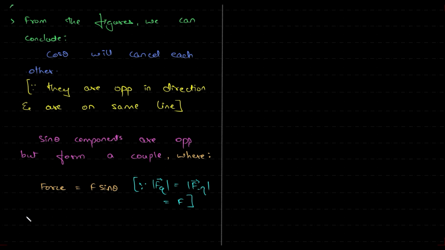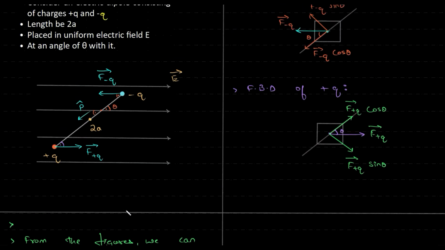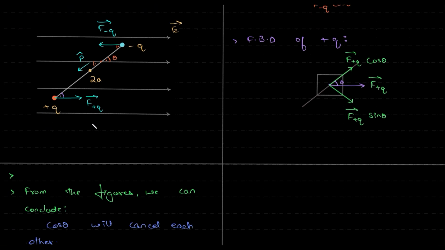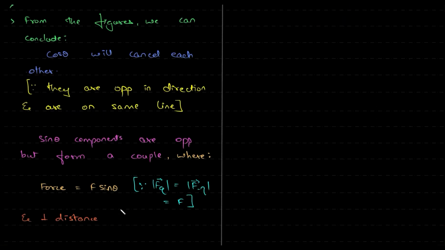Next, in torque, it's important for us to see the perpendicular distance. What is the perpendicular distance between the sine components? Here and here. The perpendicular distance is 2a. Okay, guys, so perpendicular distance between what?